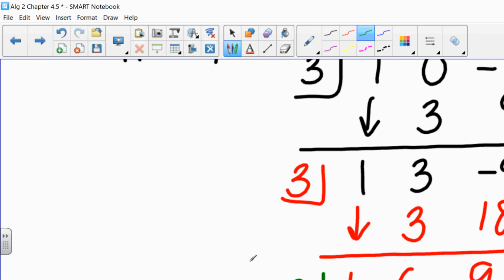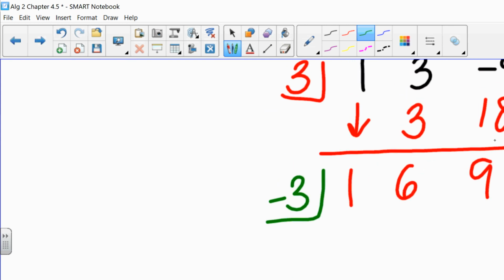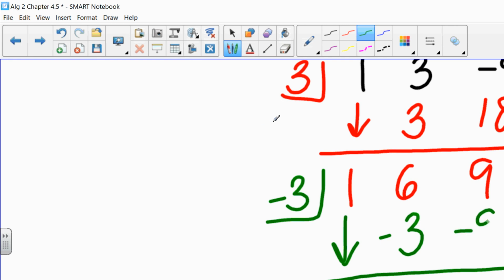We can check it by doing the synthetic division. Negative 3 times 1 is negative 3. 6 plus negative 3 is 3, yes? Negative 3 times 3 is negative 9, and negative 9 plus 9 is 0, yes?